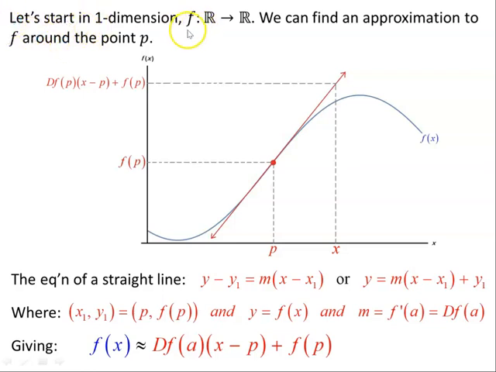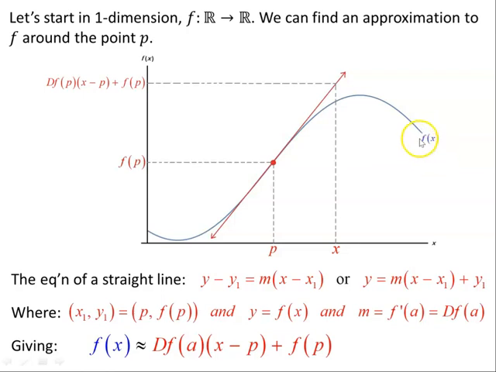So we started in one dimension with F a map from R to R, from the reals to the reals. The idea was, at the point P, we wanted to find a simple linear approximation to f of x, because as simple as we can get is first order linear.